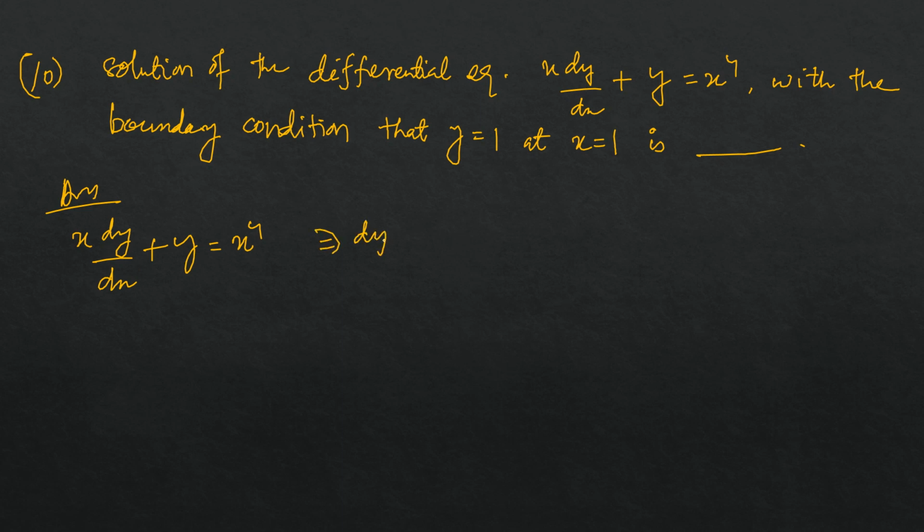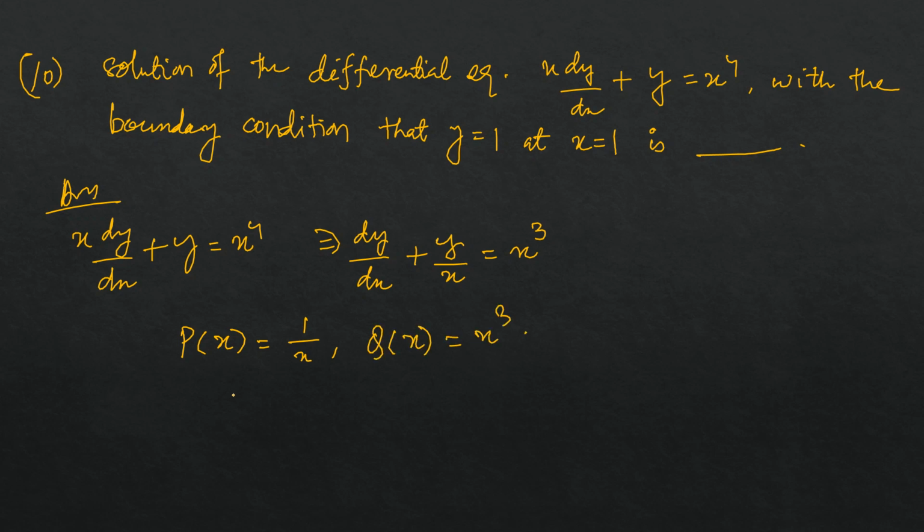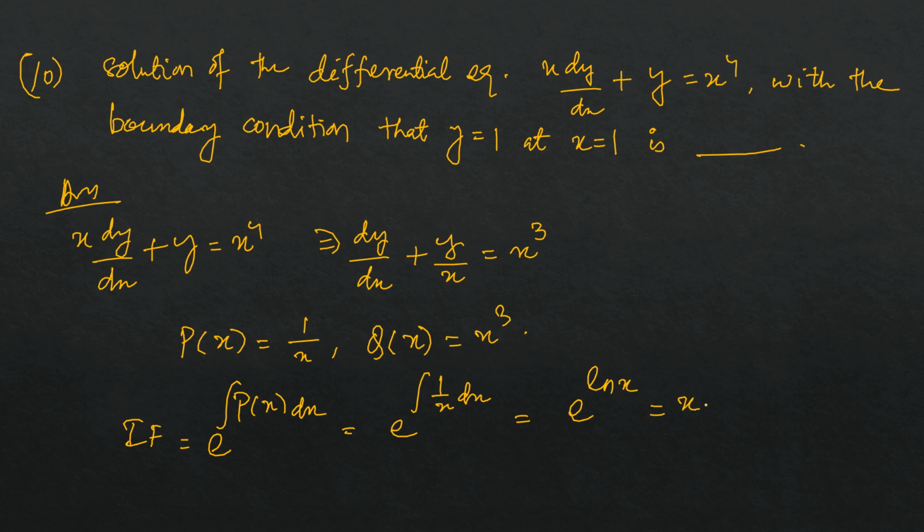Divide it: dy/dx + y/x = x^3. Now P(x) is 1/x, Q(x) is x^3. So the integrating factor is e to the power integral of P(x) dx, e to the power integral of 1/x dx, that is e to the power ln x, that is x.